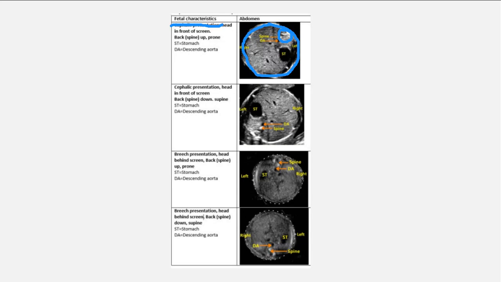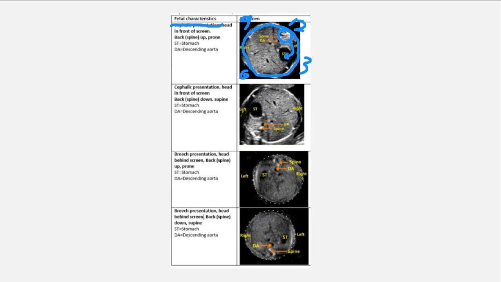Oh, we found our stomach. That's at 3 o'clock. So here's 12, and here's 3. Here would be 6, and here would be 9. Now, these pictures don't tell us how we got the picture, but your registry will tell you.